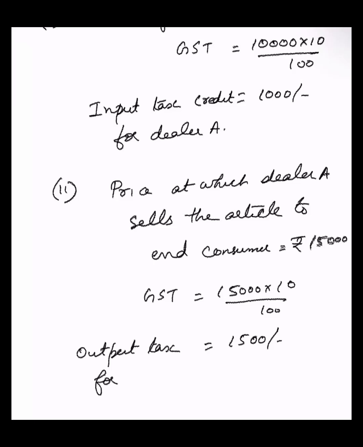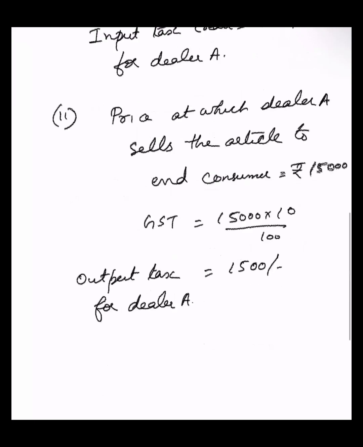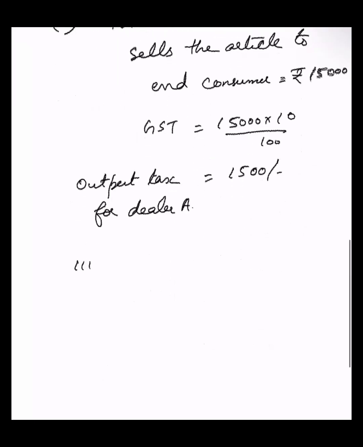for dealer A. Okay, now the third thing is the tax liability of dealer A, or how much tax dealer A has to pay at his location, at his city. So what is it?